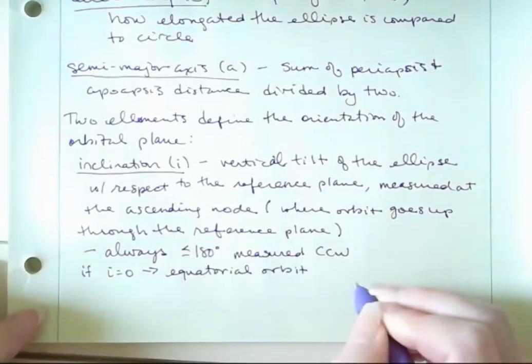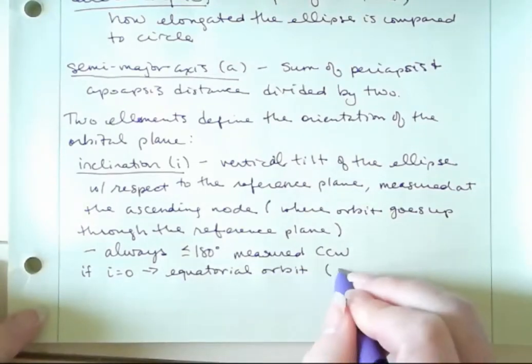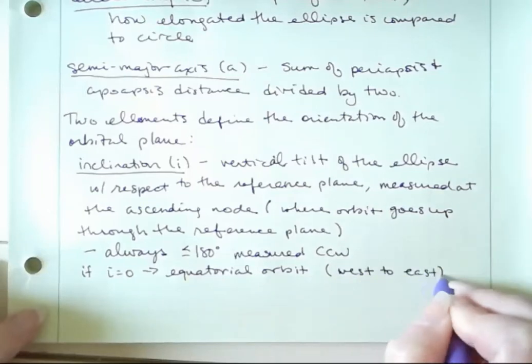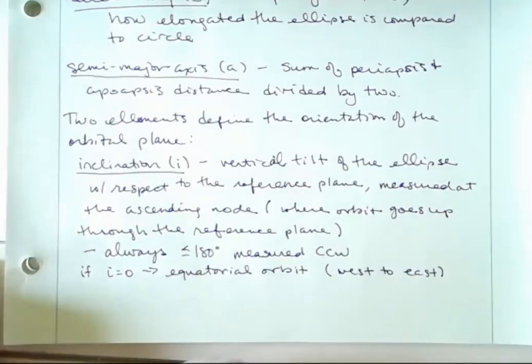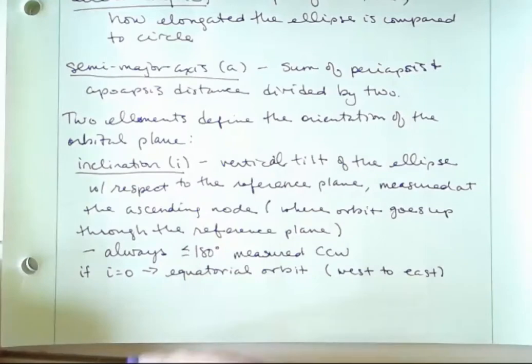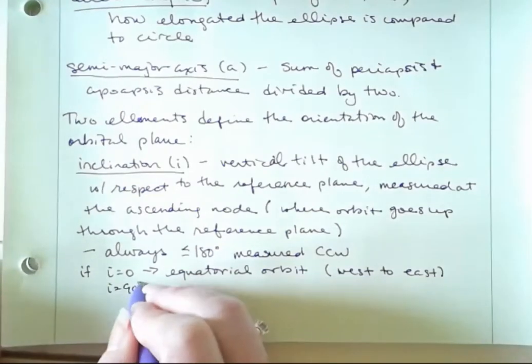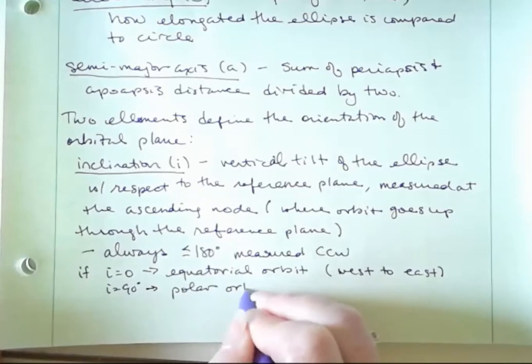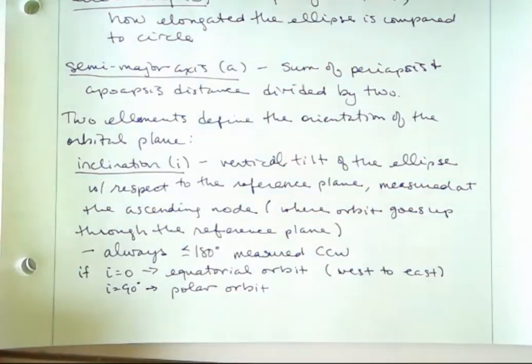So you're basically right over the equator, going west to east. If it's equal to 90 degrees, that's going to be a polar orbit. So you're orbiting over the two poles, the north and south pole.